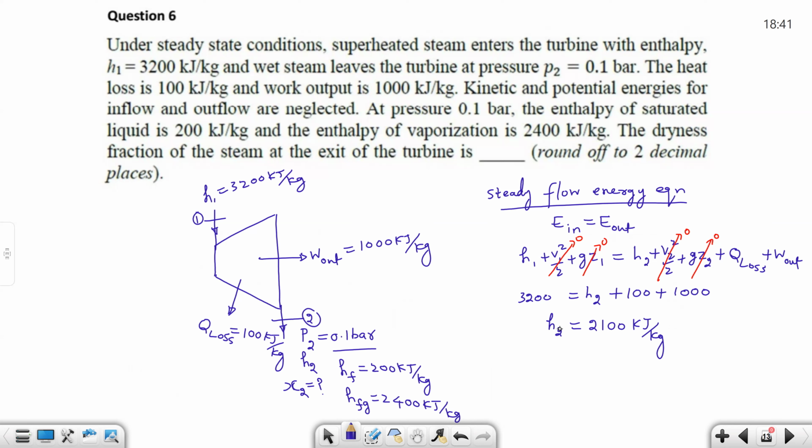For wet steam, H2 equals HF plus X2 times HFG: H2 is known, HF is 200, plus X2 times HFG, 2400. So we can get X2.